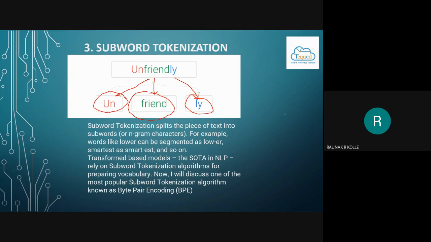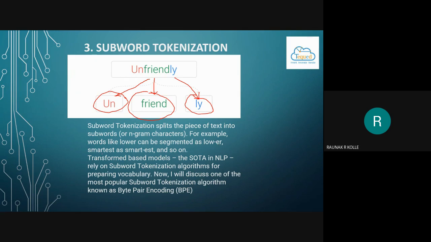Subword tokenization splits the piece of text into subwords or n-gram characters. In our example considered here, it's a 3-gram character because it can be split up into three parts: un, friend, and ly. Hence, it's 3-gram tokenization here. For example, words like lower can be segmented as low and the suffix er.